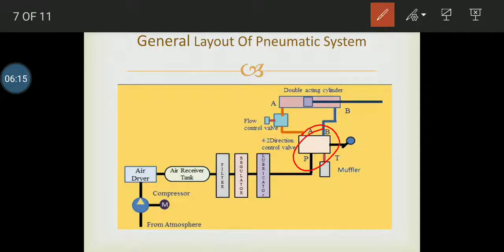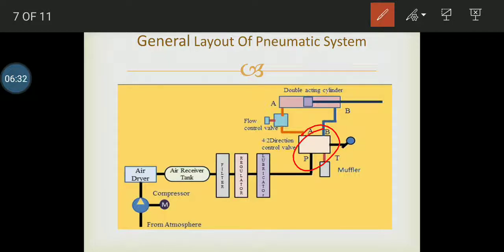It gives a certain direction to the flow of the air, which gets connected to the further actuator, which converts the pressure energy of the air into mechanical energy.